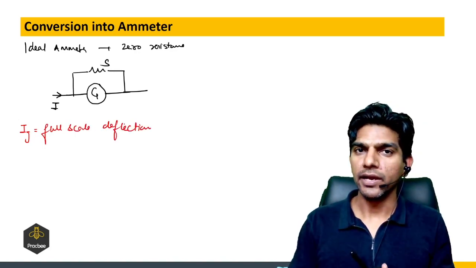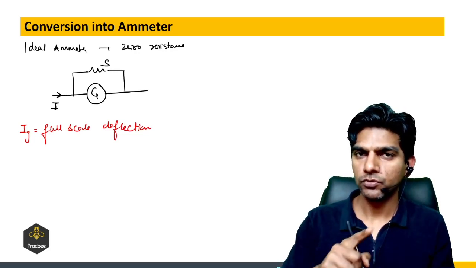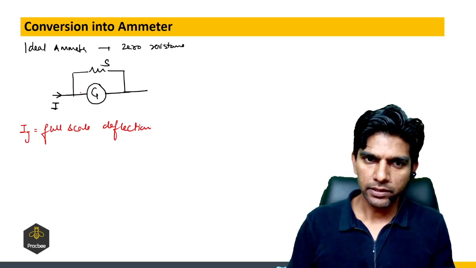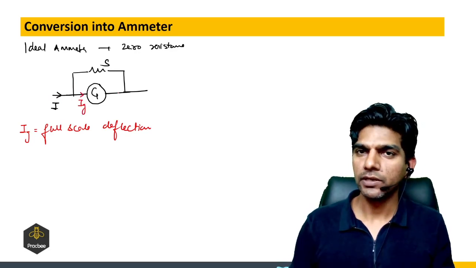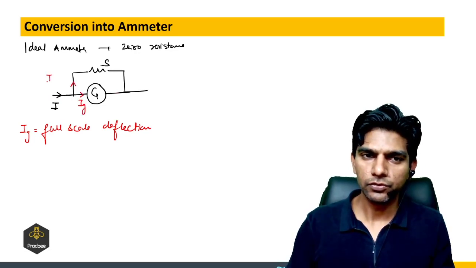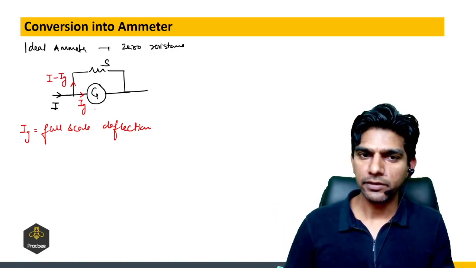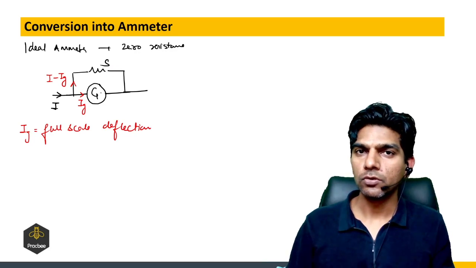If we pass Ig current through the galvanometer, it shows maximum deflection. So to measure I, let us say Ig is flowing through the galvanometer and the remaining current will flow through the shunt. Since the shunt and galvanometer are connected in parallel, the potential drop across them will be the same.